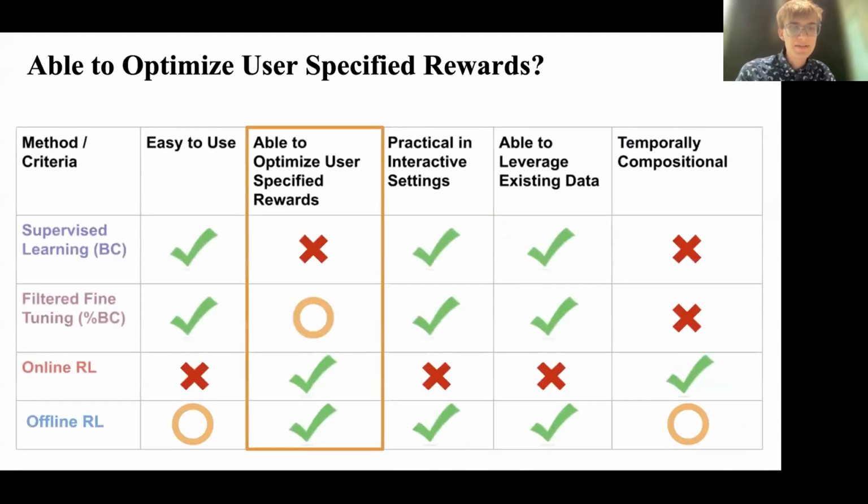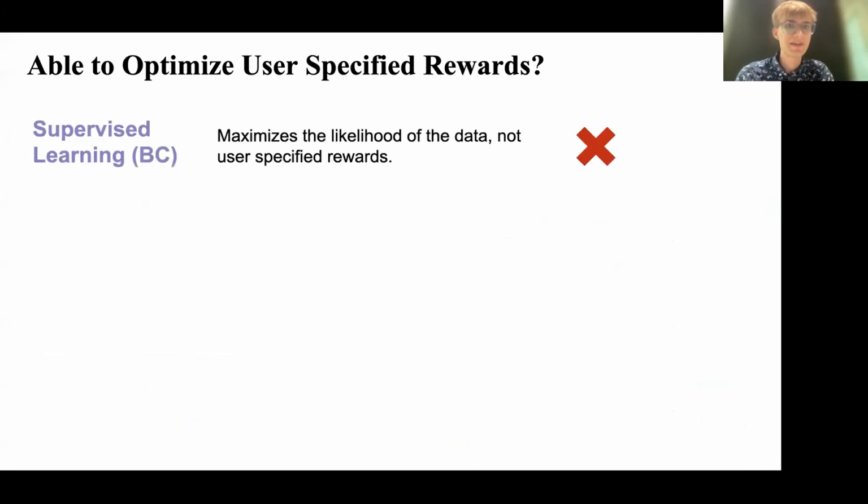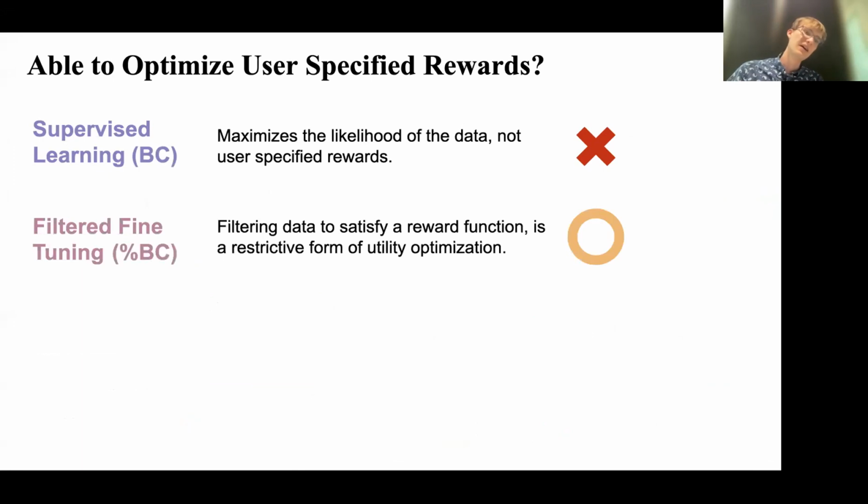The next condition is being able to optimize user-specified rewards. We discussed this a bit. Supervised learning is just maximizing the likelihood of the data. It's not necessarily optimizing for the utility function we might define. Filtered fine-tuning kind of does this.